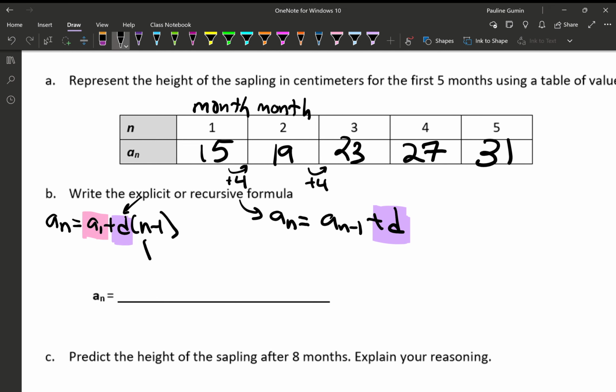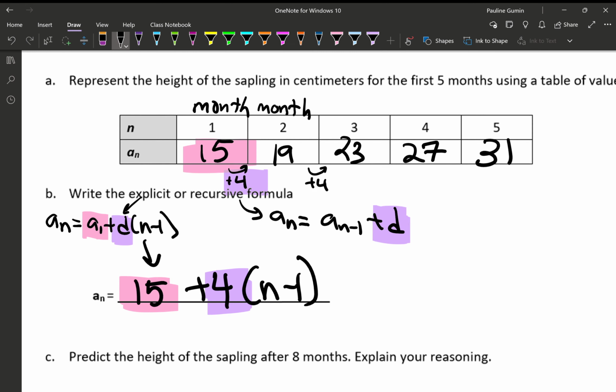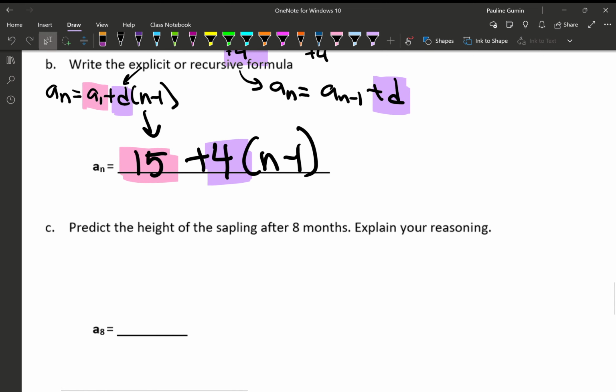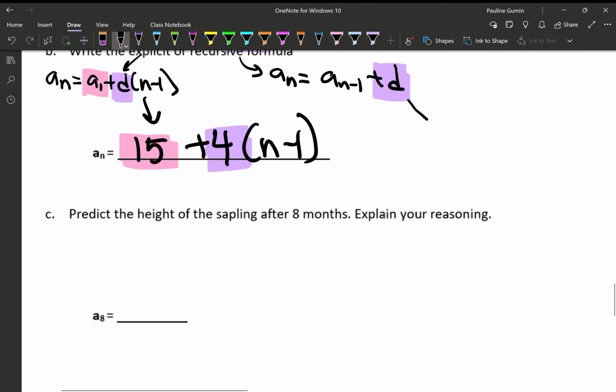I think I'm going to use the explicit. An equals, our first term is 15, plus our common difference is 4, times n minus 1.